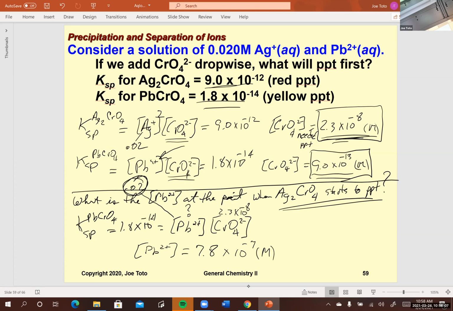That's almost undetectable by our modern day tools. So it is pretty selective. Your first precipitate is almost solely the lead, and then your second precipitate is going to be due to the silver chromate. Any questions on that?